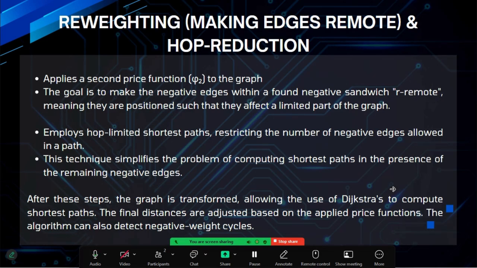Once all the hop limited shortest paths are approached, the graph is passed through the Dijkstra algorithm to compute the shortest path. All the final distances are then adjusted based on the applied price functions. The final algorithm can also detect negative weight cycles. So this was the complete overview of our algorithm.